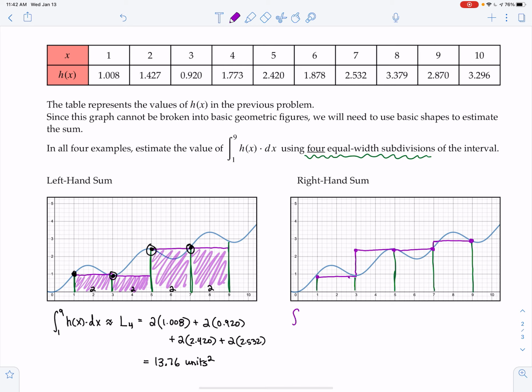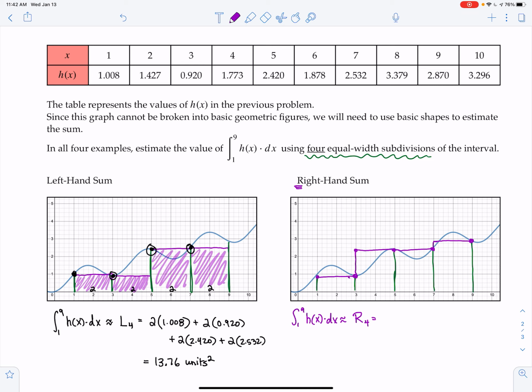We are doing the integral from 1 to 9 of h of x dx is approximately equal. If this was a right-hand sum, I'm going to say R sub 4, and that is equal to, our rectangles still have the same base, and here we go.